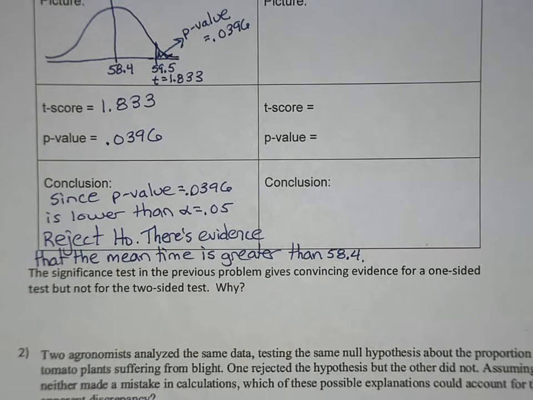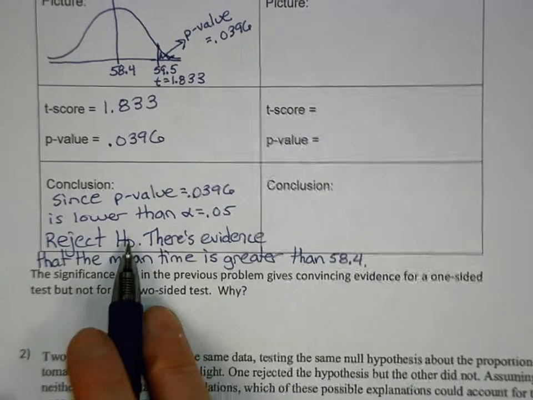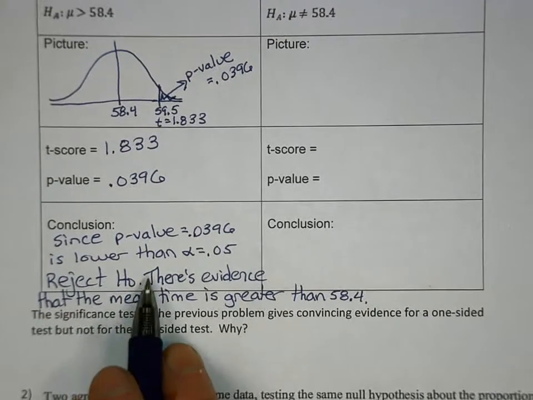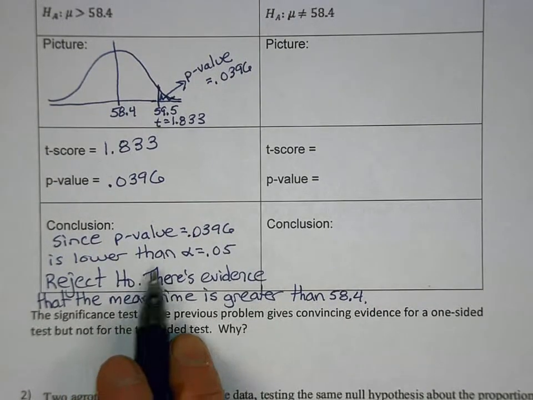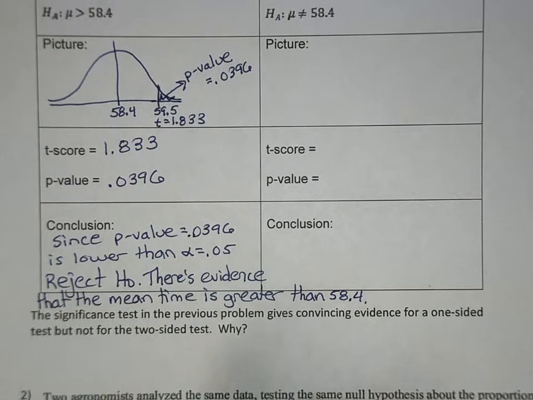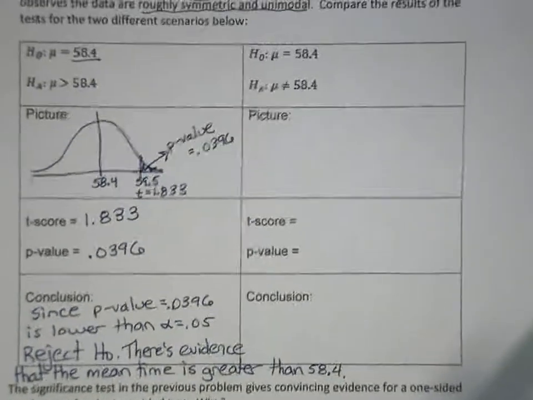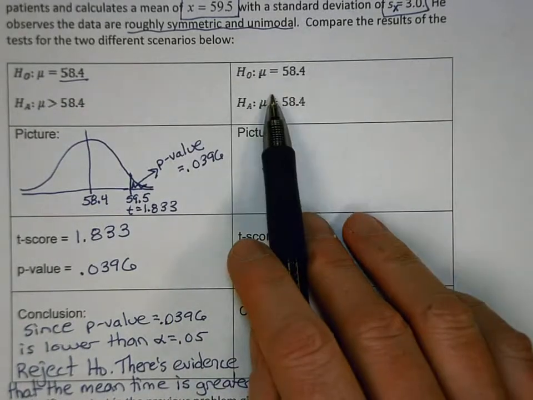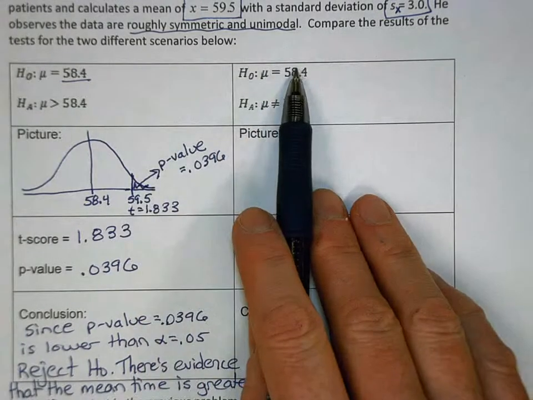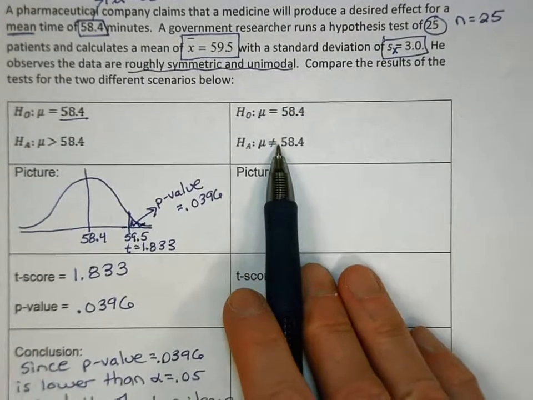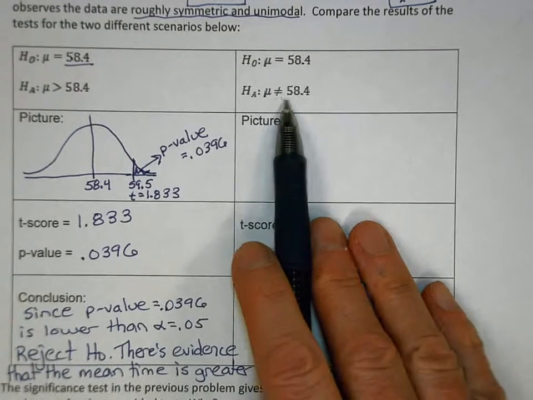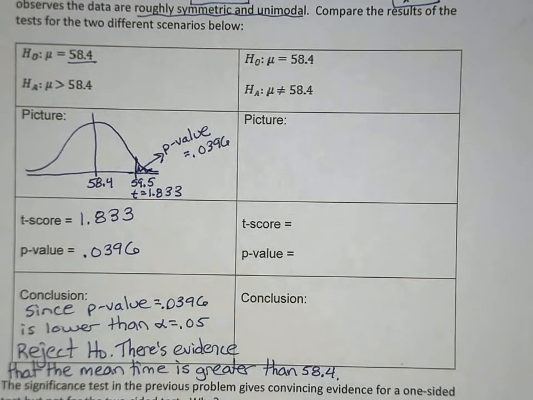So the whole point of this exercise is not to try to cram all this stuff into this little box, but to compare the difference between a one-sided test and a two-sided test and what happens with your p-value. So I'm going to go over here and not write as completely. If you'll notice, everything stays the same in the problem. The only thing that changes is the HA. The alternative hypothesis is now not equal to.